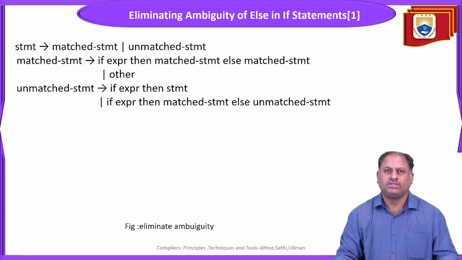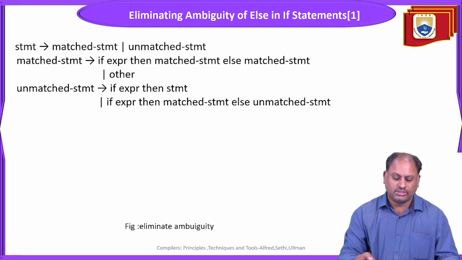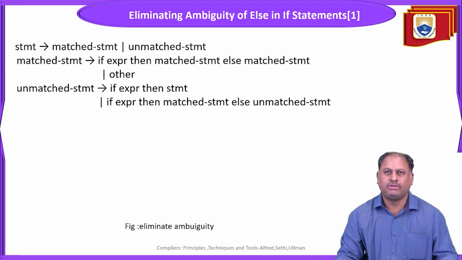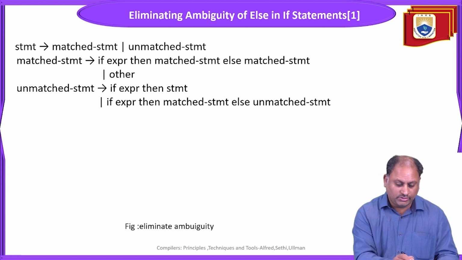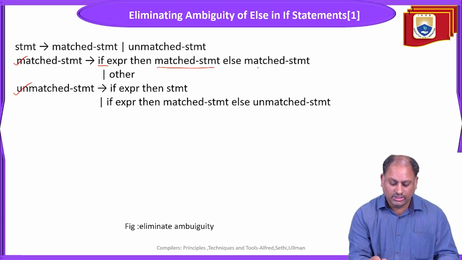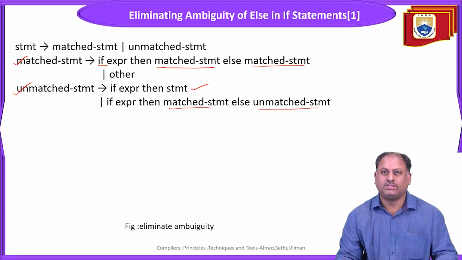But let us see with the help of an example. Here in this example, the statement is to be considered a matched statement or unmatched statement. In the previous example we got this ambiguity. The matched statement contains if expression then matched statement else matched statement, whereas the unmatched statement is if expression then statement, and if matched statement else unmatched statement.